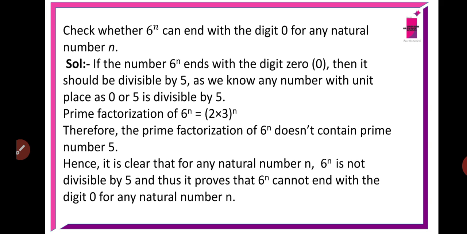The prime factorization of 6 power n is 2 into 3 whole power n. Therefore the prime factorization of 6 power n does not contain the prime number 5. Hence it is clear that for any natural number n, 6 power n is not divisible by 5, and thus 6 power n cannot end with the digit 0 for any natural number n.